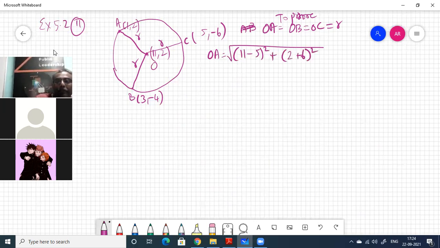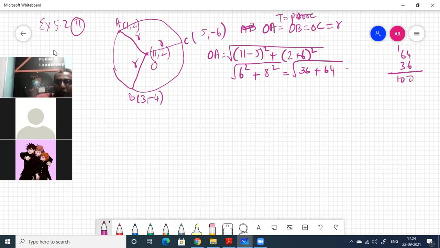Minus into minus will become plus. 11 minus 5 is how much? 6. 6 squared plus (2 plus 6), how much? 8. 8 squared. 6 into 6 is 36. 8 into 8 is 64. 64 plus 36 is 100.